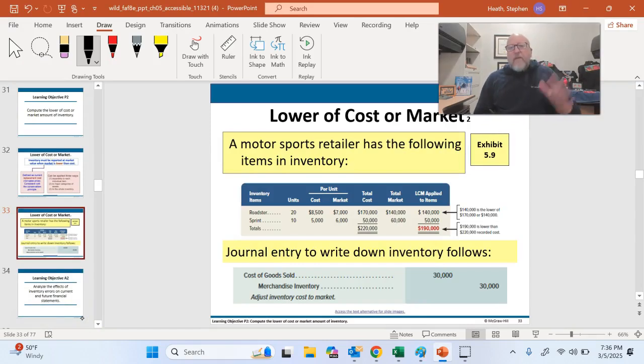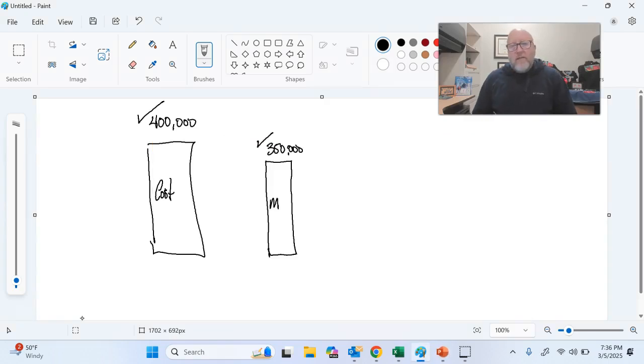If I have to make an adjustment, right? That is what we are doing in this slide. We're going to plug the difference to cost of goods sold and we would lower our merchandise inventory.